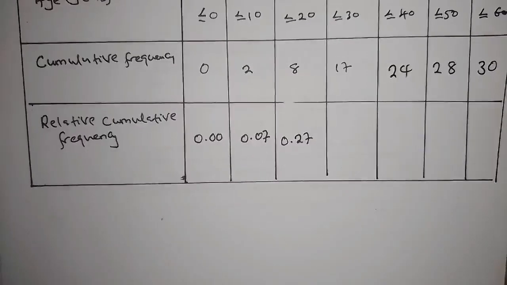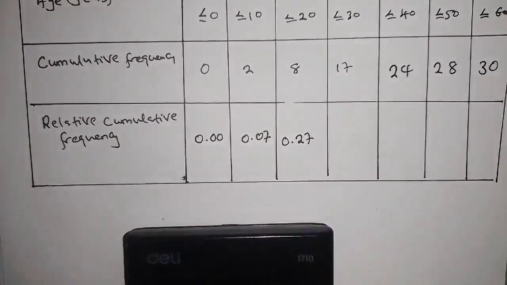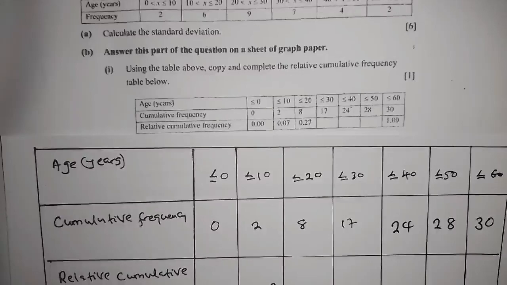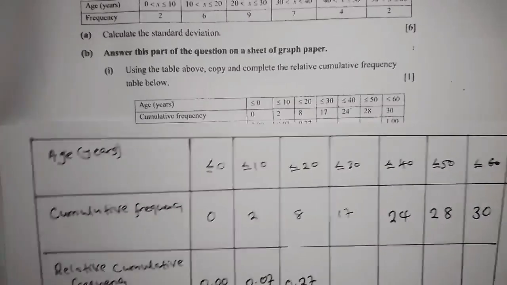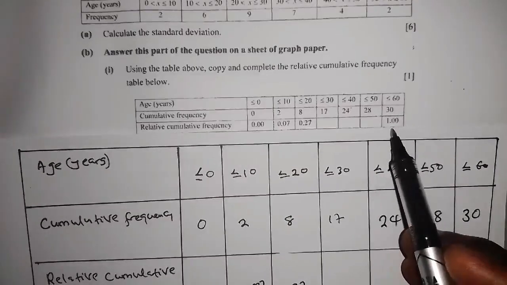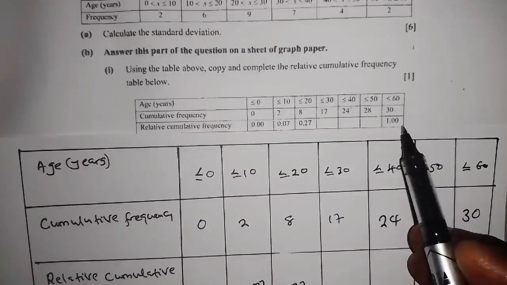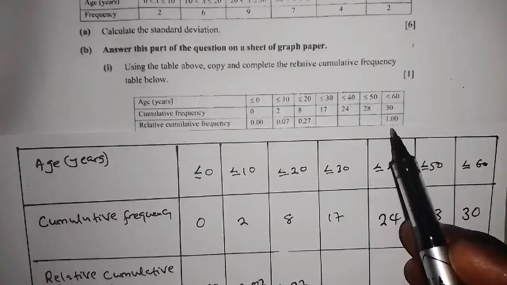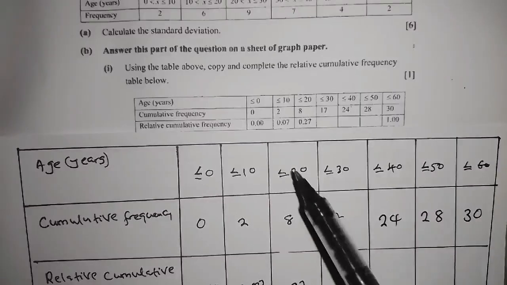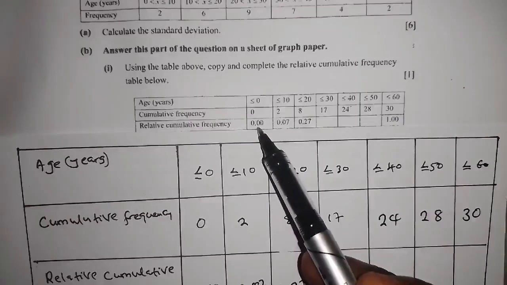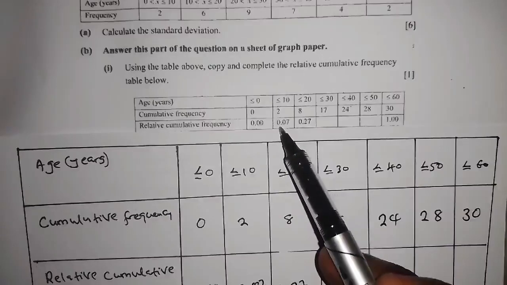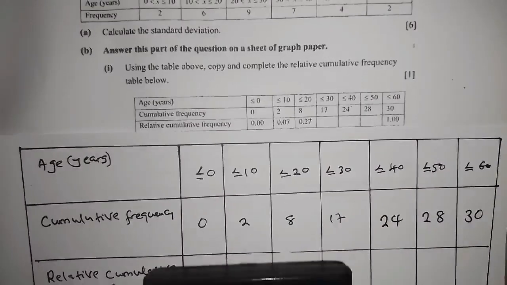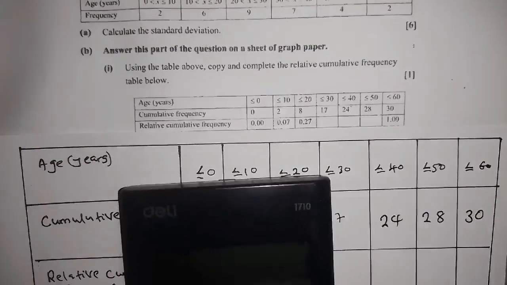Now I want you to understand how they are getting these numbers from the actual box. Then you can see that you have 1.00. So that is just the accuracy, or rather the number of decimal places they are keeping. So from 0.00, 0.07, 0.27, how are they getting these values?